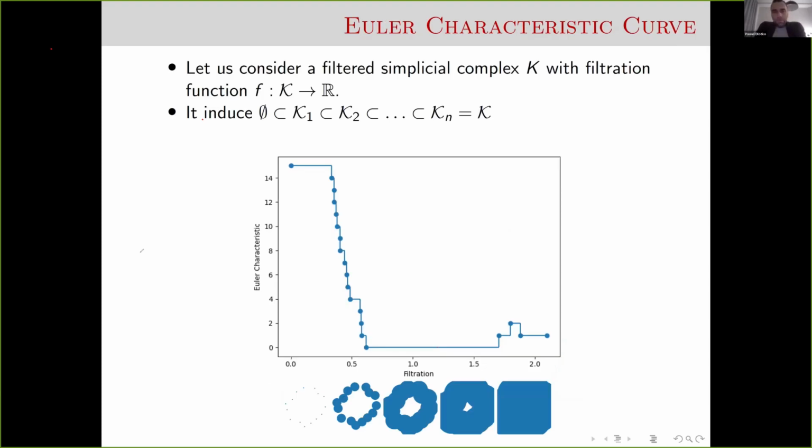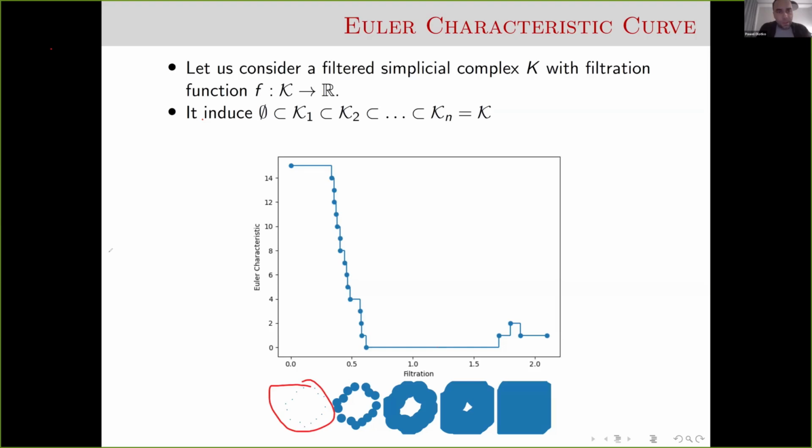Okay, now let's take a filtration, a nested sequence of subspaces or complexes, and use the Euler characteristic to characterize every step in the filtration. Over here, perhaps it's hard to see, we have a collection of points sampled from a unit circle.